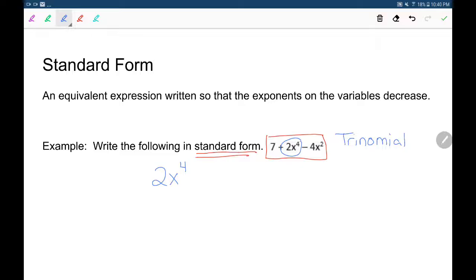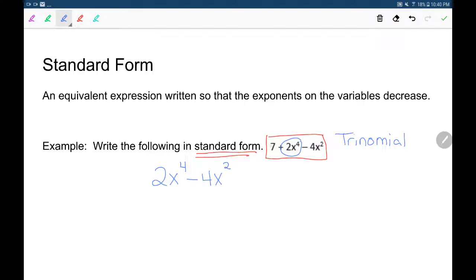Then I go to my next highest power. I have a 7 that has no variable attached. It's a constant. And then I have this negative 4x to the 2nd power. This actually has an x, so I know that one would have to go next. A 2nd power comes before no x. So I keep my sign with me, minus 4x to the 2nd power.